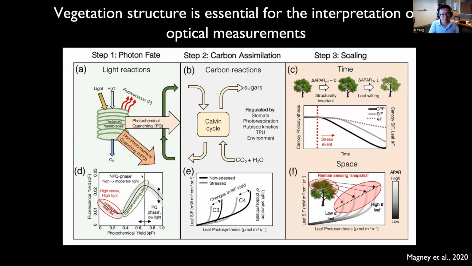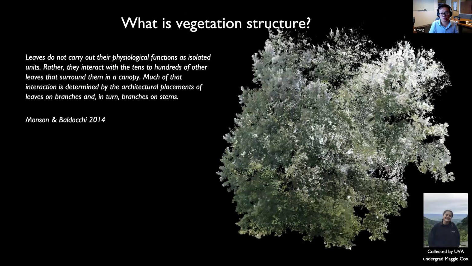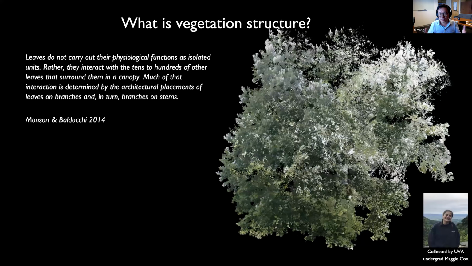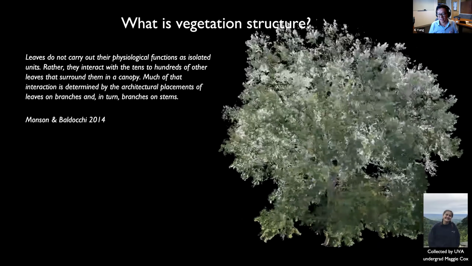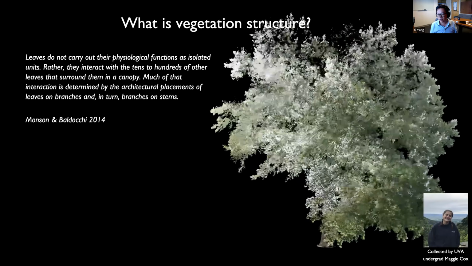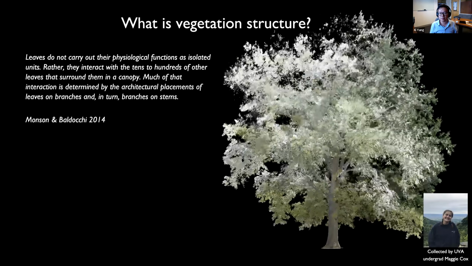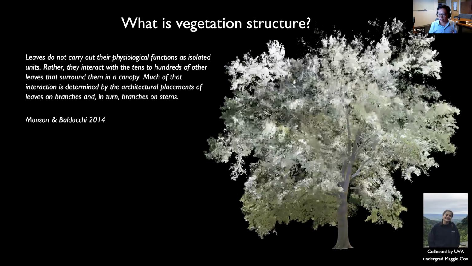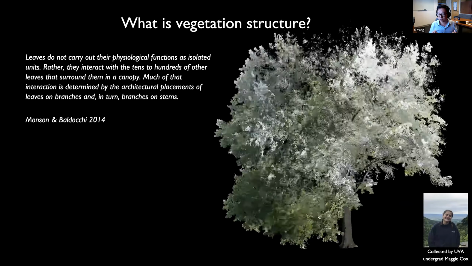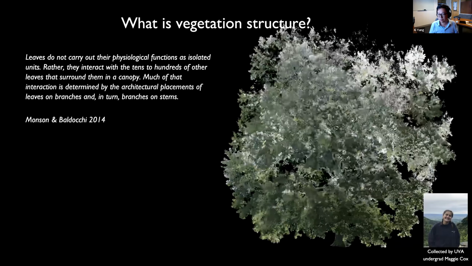So you might ask: what do you mean by vegetation structure? Take a look at this beautiful tree scanned by our UVA undergrad Maggie Cox recently on campus. Vegetation structure to us is a multifaceted concept.